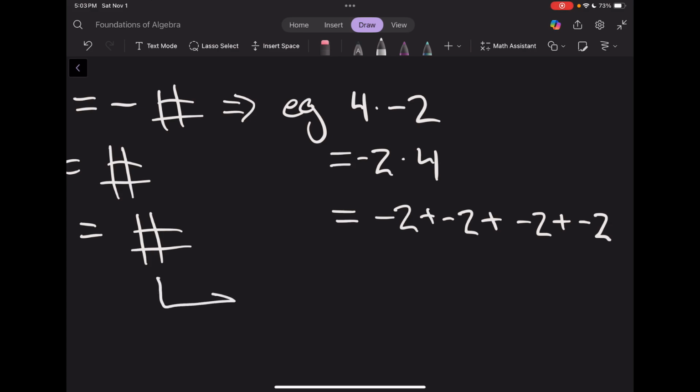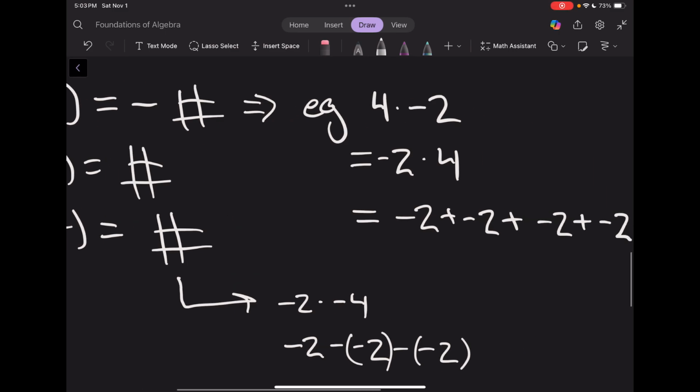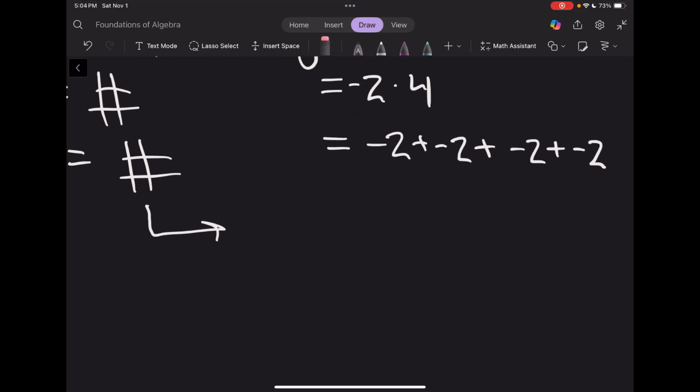Maybe this one over here, a negative times a negative, let's do negative 2 times negative 4. Maybe it's subtraction, so it's negative 2 minus negative 2 minus negative 2. I don't know. I would maybe test it out and see what happens, right?